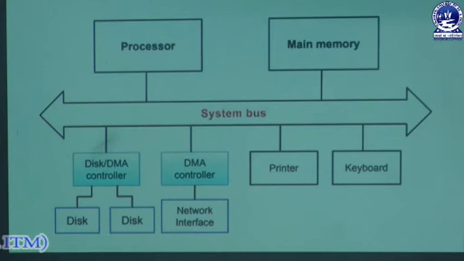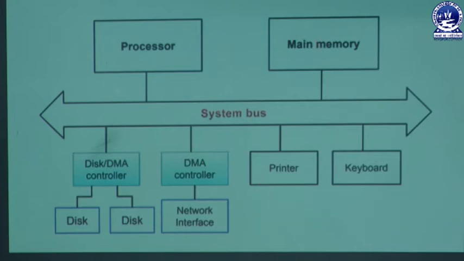Then the processor sends an acknowledgement signal to the DMA controller through the bus that yes, you can now use the system bus for the data transfer. The DMA controller then takes the bus into its control and performs the data transfer between the input output device and the main memory.